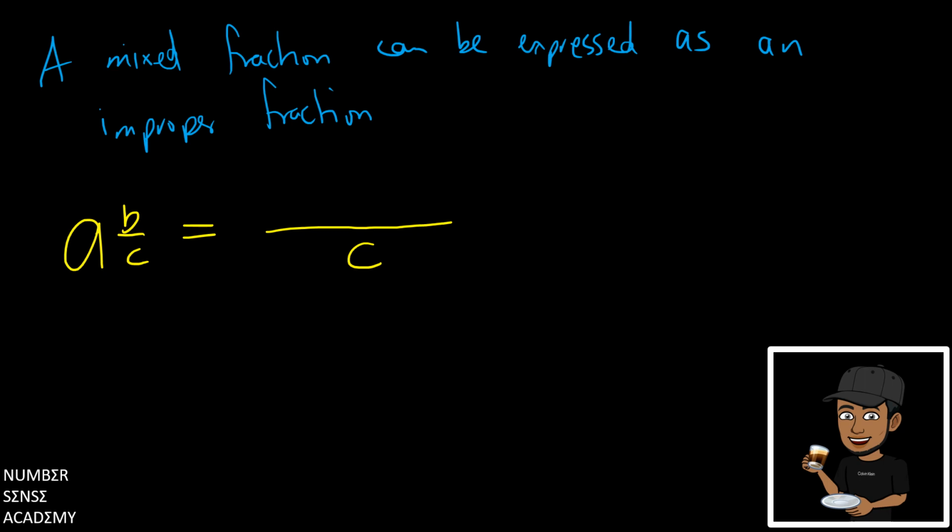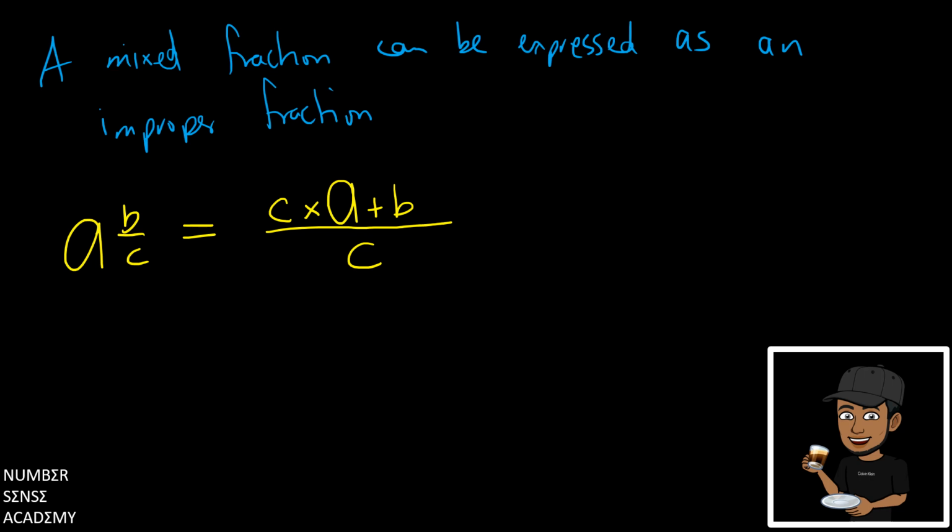That doesn't change. We're going to take the denominator, multiply it by the whole number, and then add the numerator. And this will ensure that we end up with a bigger number on top than the bottom, because we're multiplying it by a factor and then adding something to it. It's going to be bigger than the number on the bottom.